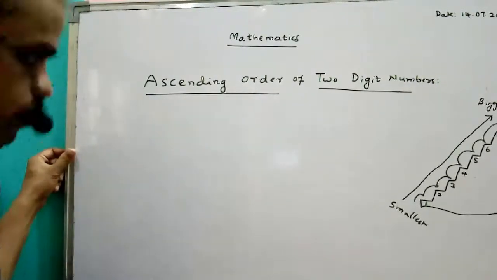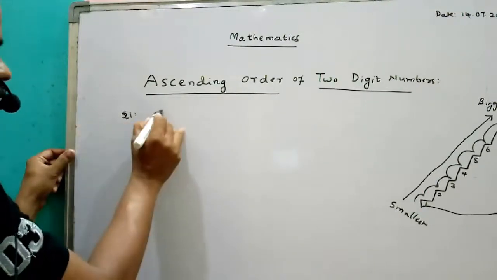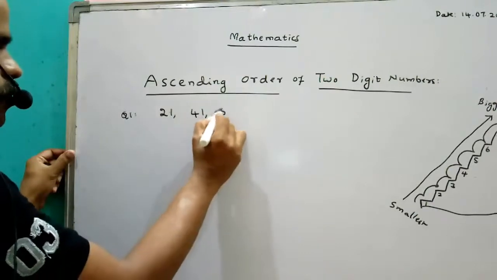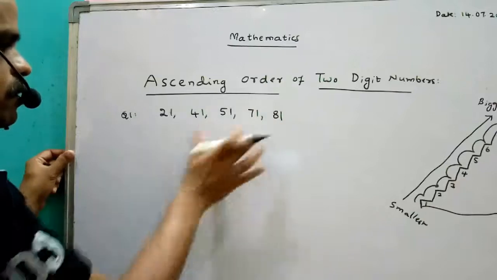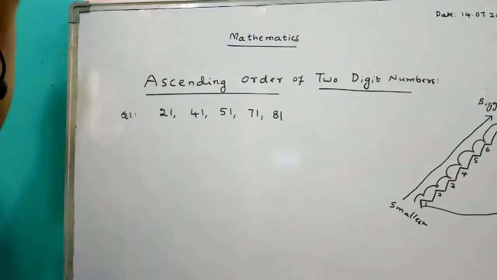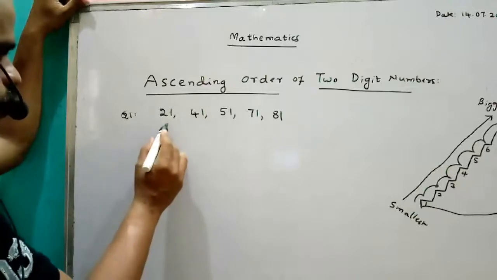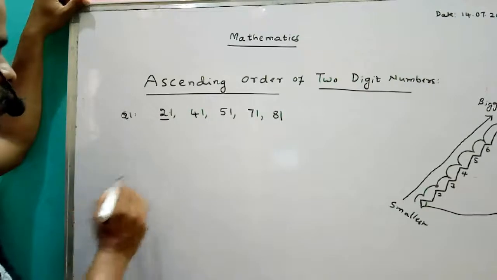Ascending order. Question 1. 21, 41, 51, 71, 81. These are the numbers we have. So write in ascending order. Now, which is the smallest here? This 21 is smallest here.